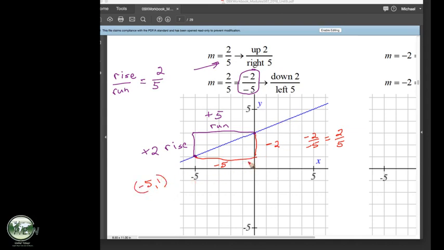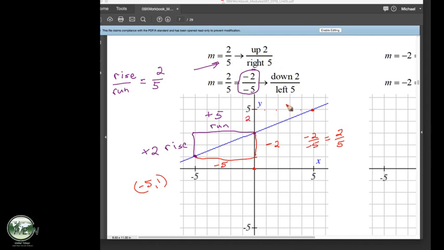But when we have a coordinate point, we're always measuring or counting from the point 0, 0. When we have a slope, we can start at any point on the line. We don't have to start at 0, 0. In this case, we would never start at 0, 0 with the slope. If I found another point, let's take this one, and go up 2 and over 5, 1, 2, 3, 4, look, I'm right back on the line.